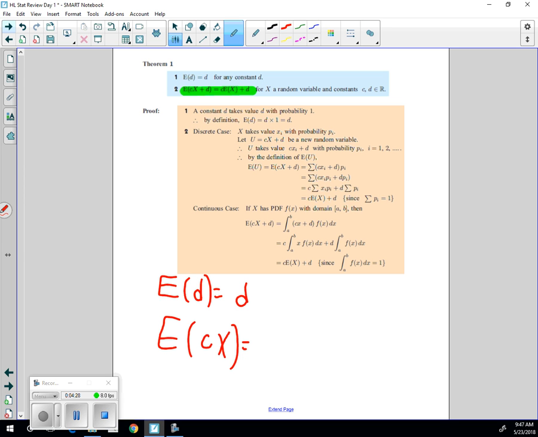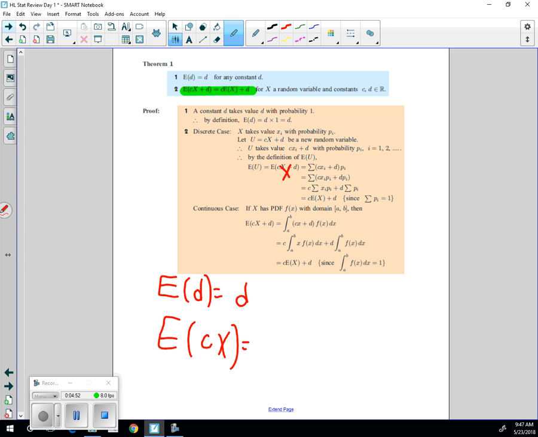What you do here is you have E of cx plus d. That's the sum of cx plus d times the probability. Instead of x, we're putting cx plus d times p. So it'll be c x_i p_i plus d p_i. Well, what do all the probabilities of a constant add up to? 1, right? So this is d times 1, which is just d.